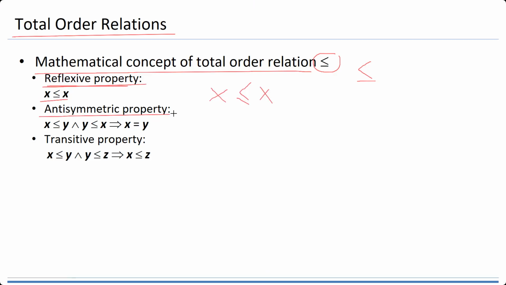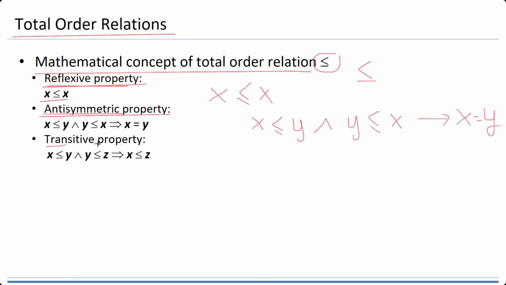The anti-symmetric property means if x is less than or equal to y and y is less than or equal to x, then x equals y. We call this anti-symmetric.